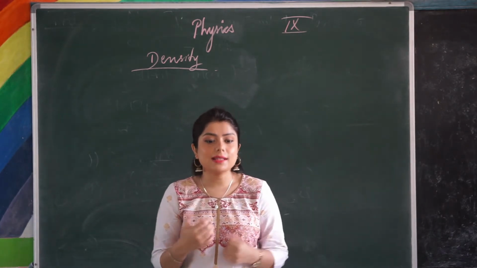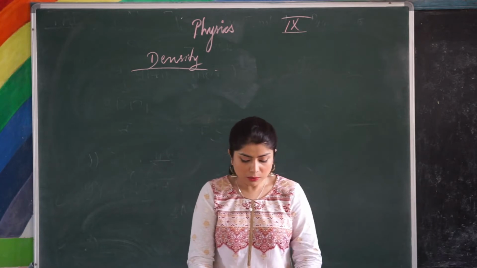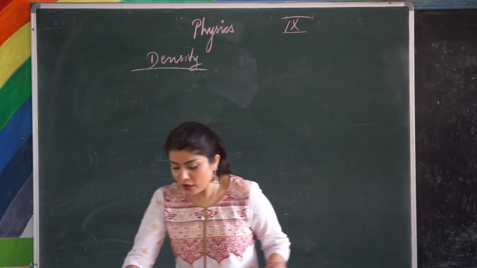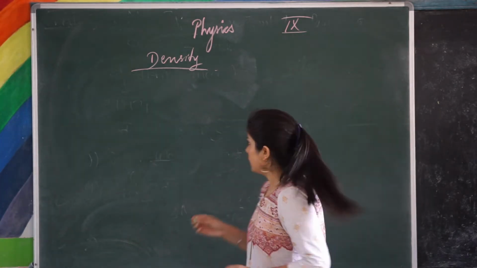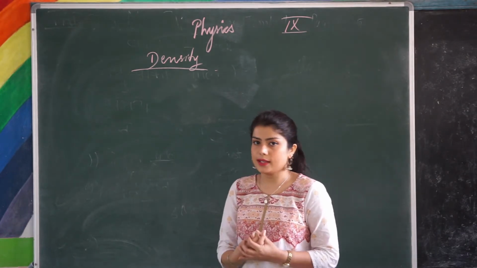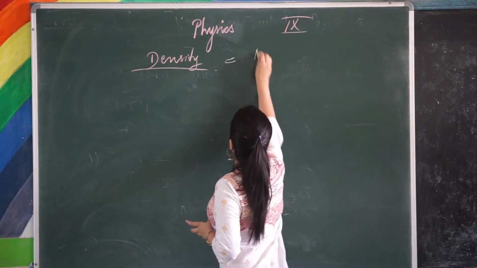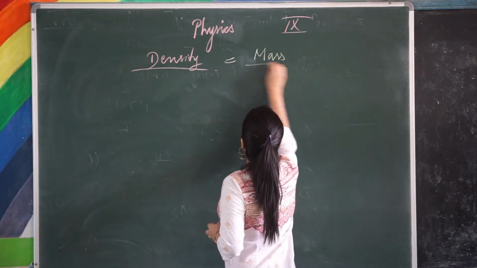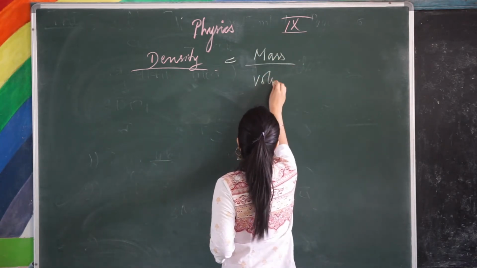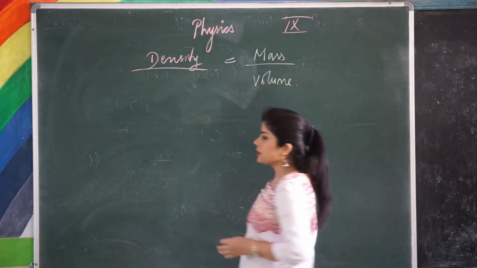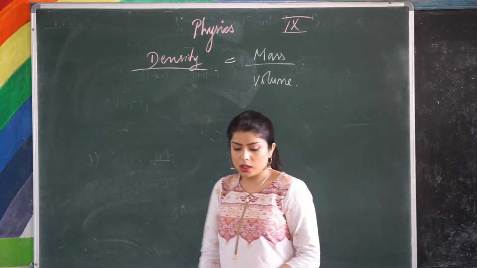So that is density. Now, the formula for density. When you have to calculate the density, the formula is density equals mass divided by volume. This is how we calculate density.